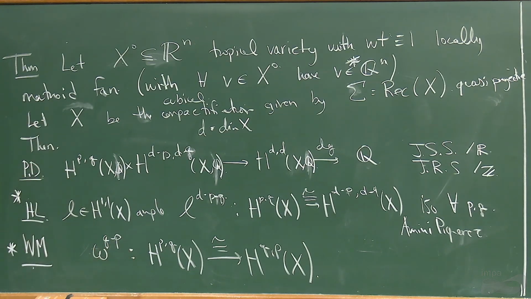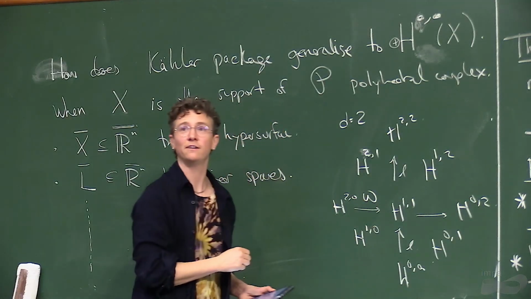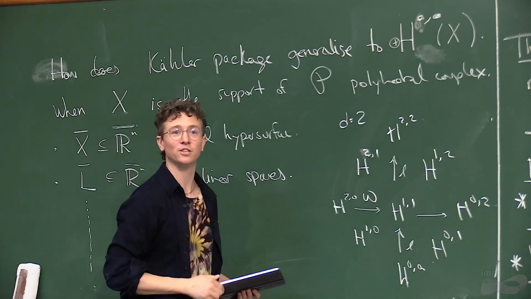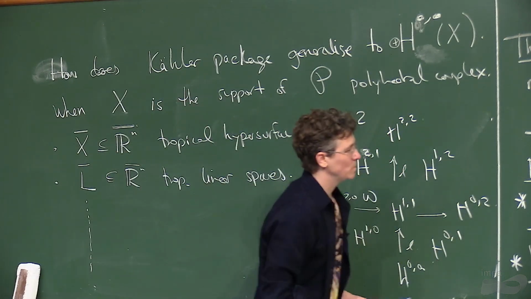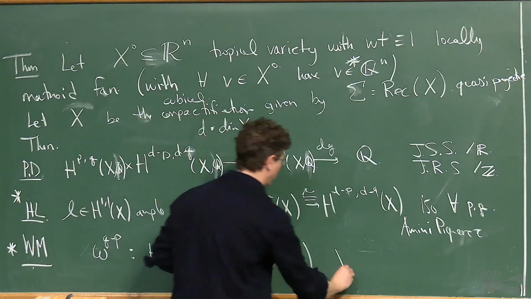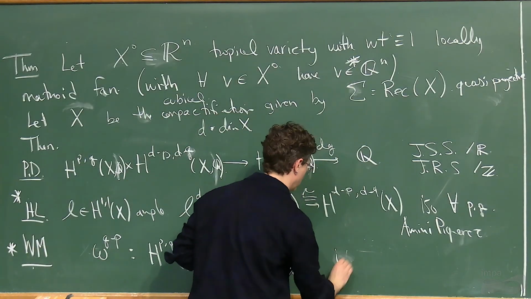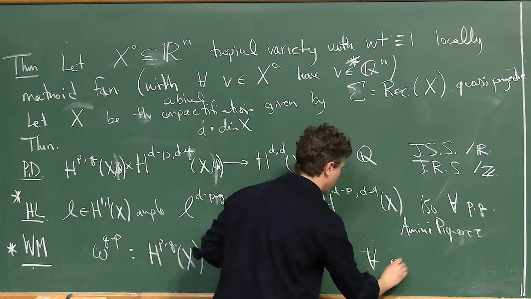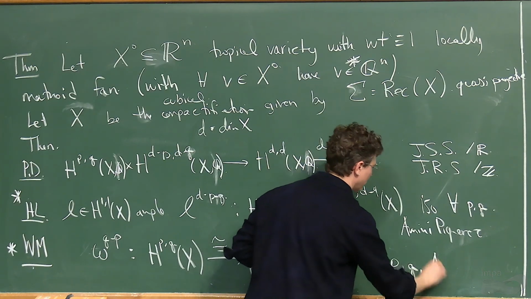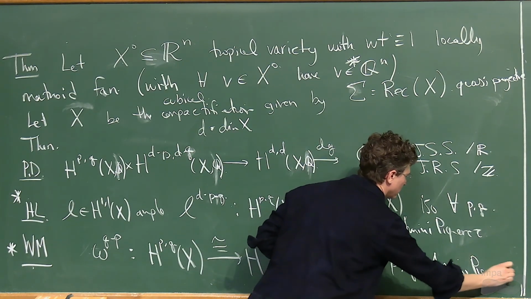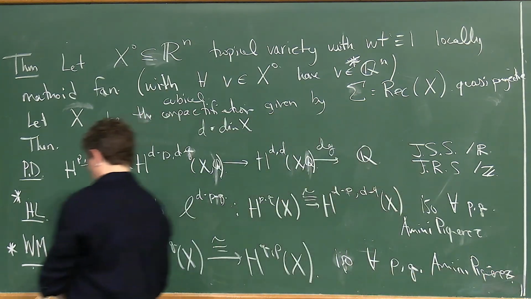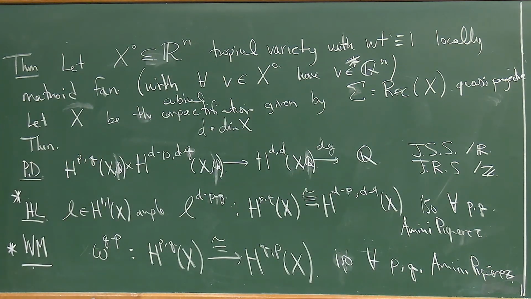So there's some map W. This map's very important for the tropical Hodge conjecture, which I'm going to get to hopefully very soon, that this is an isomorphism. This is, again, Amini and Piquerez. And this map is the so-called eigenwave map.